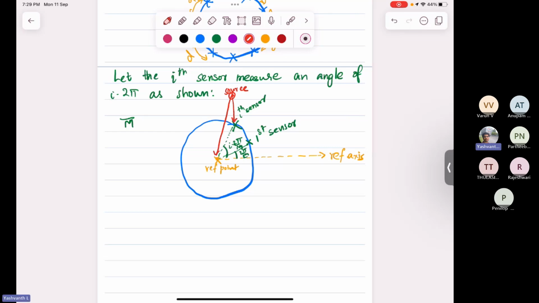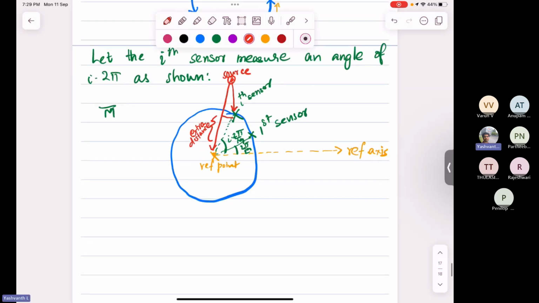So it covers an extra distance of this much. Similar to our uniform linear array, where with respect to the reference point the second sensor had some extra distance. But here, the reference point has the extra distance. In other words, with respect to the reference point, the ith sensor has a lesser distance.